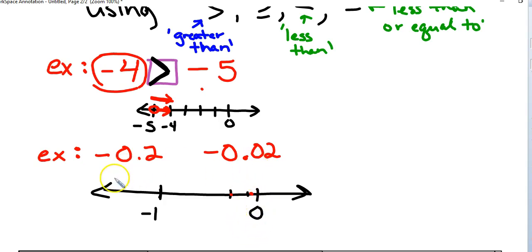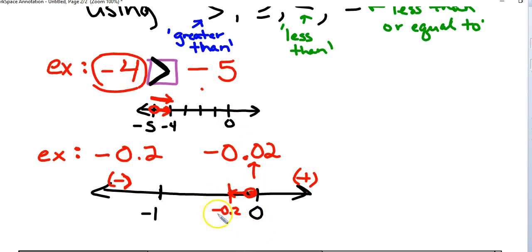Knowing that the lower numbers go to the left and my greater numbers go to the right on a number line, I know that if I have this point right here, which was our -200ths, and I go to the 2/10ths, I'm going in the negative direction.